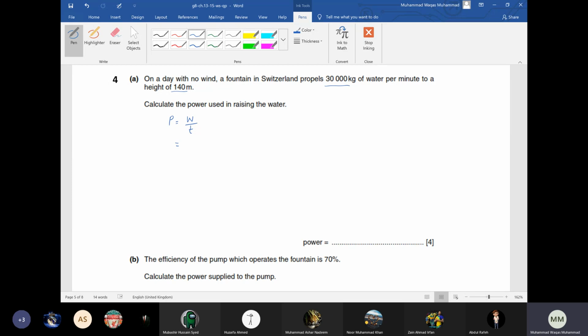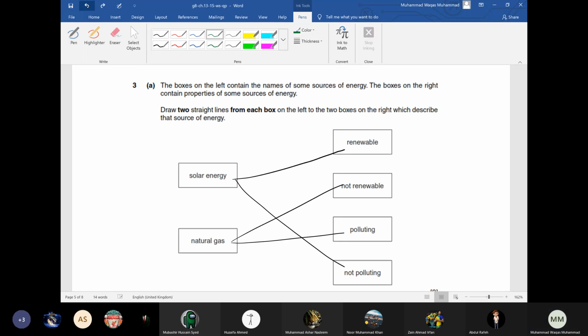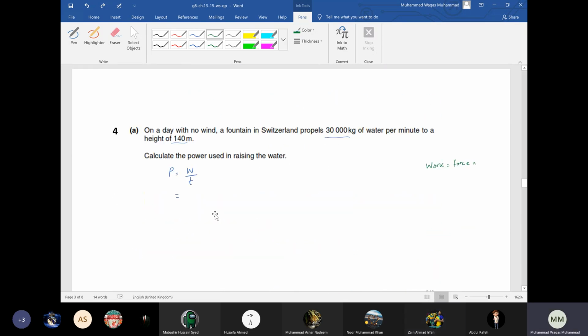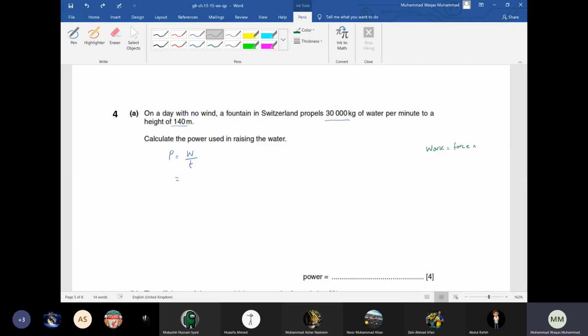We know work is equal to force times distance moved in the direction of force, right? Right or wrong, beta? This is the work.